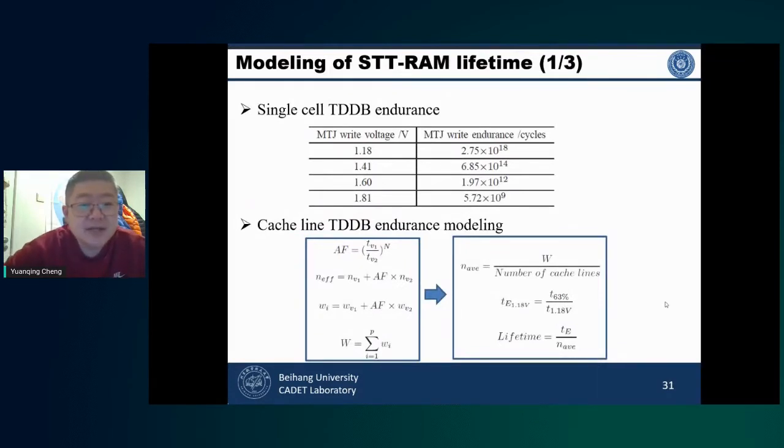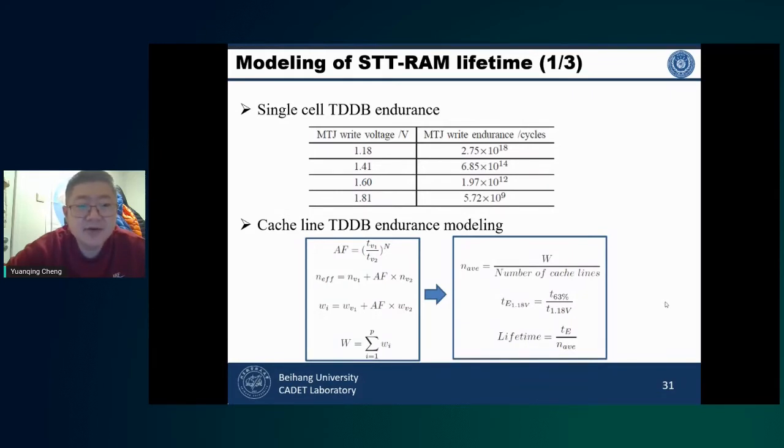After we get the single cell TDDB endurance, just like shown in this table, as we increase the MTJ write voltage from 1.18 to 1.81, the write cycles, or the write endurance, shrinks sharply by many orders of magnitude.